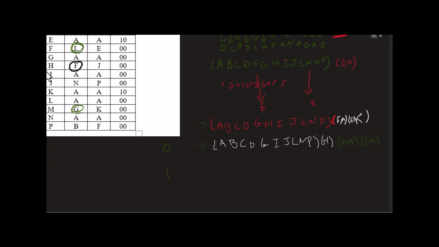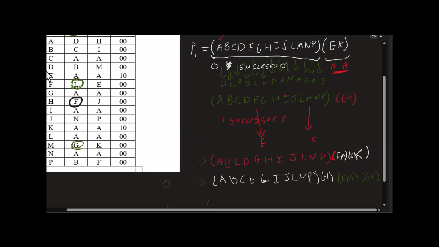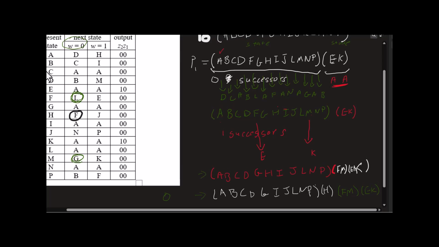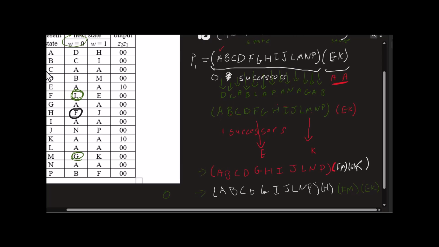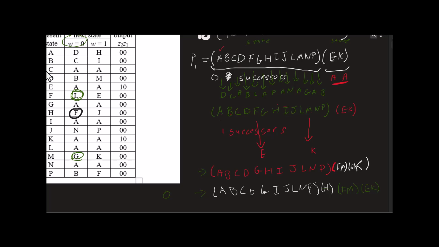Now I need to check the 1 successors. So I'll look when W is 1. Okay, I guess I lied when I said I wasn't going to take shortcuts. I can't help it. Really, the rules say I would just look here, and so I wouldn't check for H. But I know H is going to be another state, and so if I see something going to H, I know it's not going to be the same as the others, so I'm going to pull it out.